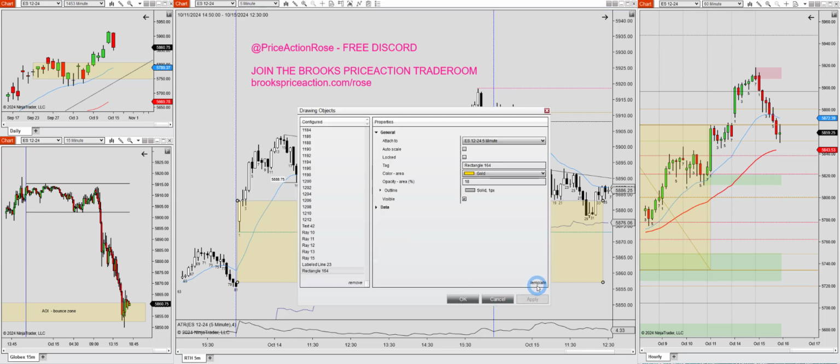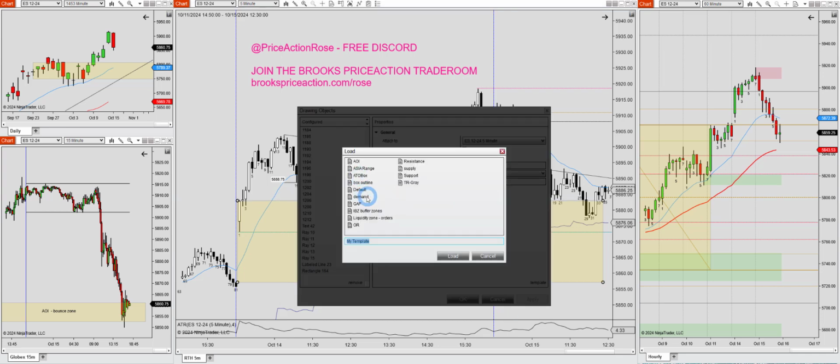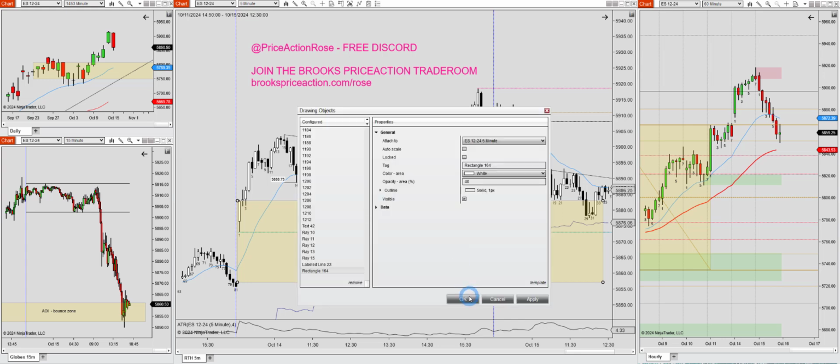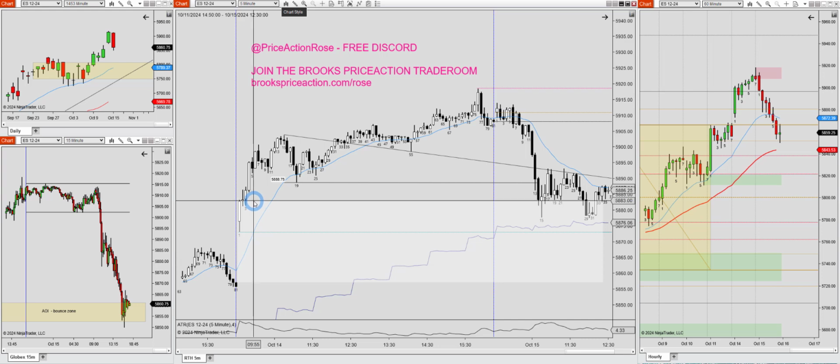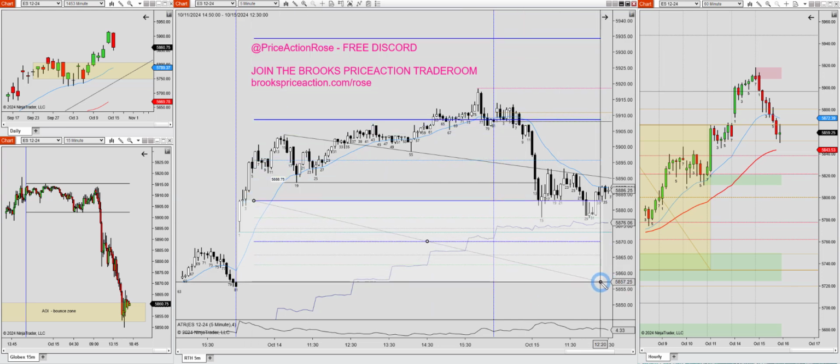So this right here is a major gap, right? My gaps are always white. All right. So if this is a major gap, I also find its midpoint, right? So that is the midpoint right there. I'm going to mark that.